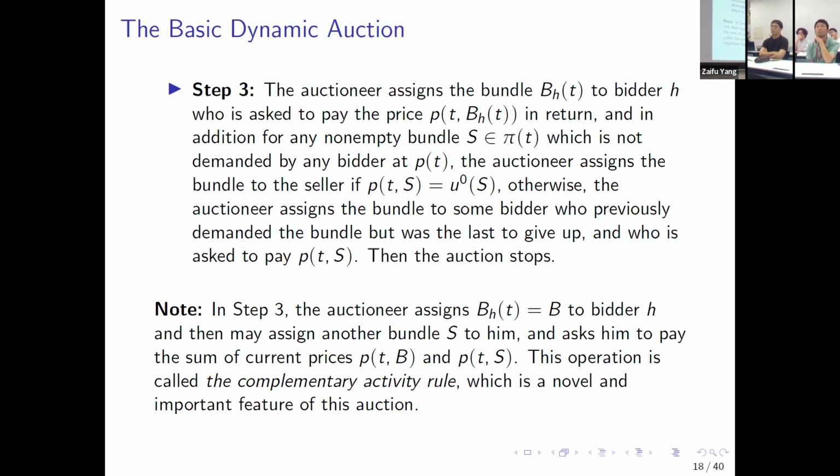Then this bidder might switch to demand another bundle. So if we have such a bidder and we have such a bundle, then this bundle should be assigned to this bidder, and he is asked to pay the current price, the last price.